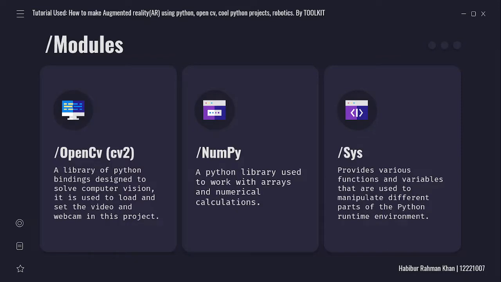I have also used NumPy, which is a library used to work with numerical calculations and arrays. And lastly, I have used sys, which is an inbuilt module with Python, which provides various functions and variables so that I can manipulate different parts of the Python runtime environment.